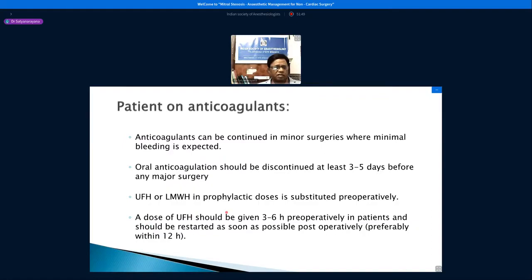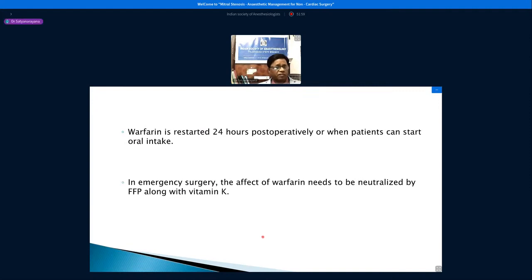A dose of unfractionated heparin should be given 3 to 6 hours preoperatively and should be restarted as soon as possible postoperatively, preferably within 12 hours. Warfarin is restarted within 24 hours postoperatively or when the patient starts taking oral intake. Remember, in emergency surgery, when there is no time, the effect of warfarin needs to be neutralized with FFP along with vitamin K.